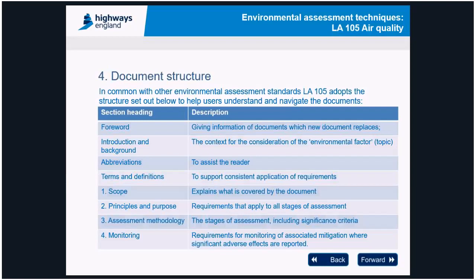There's a new section where we've set out more clearly the terms and definitions that we use. Lots of people will be familiar with air quality management areas, but again it's all there for completeness. The scope I'll come on to in a slide or two's time, but the real main thrust is section 3, the assessment methodology, which we're going to talk through in more detail.